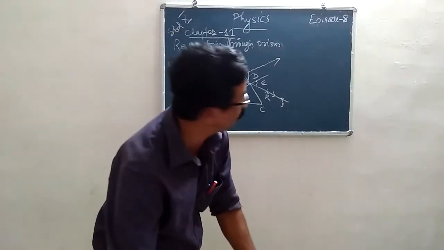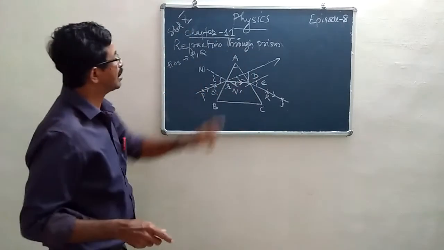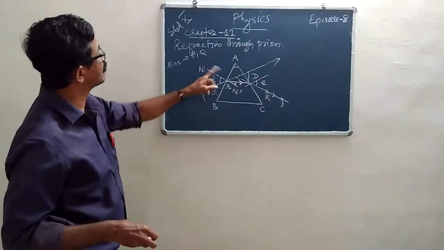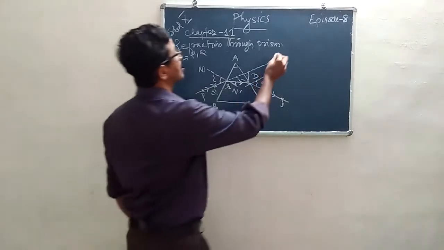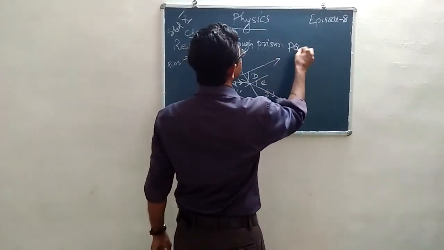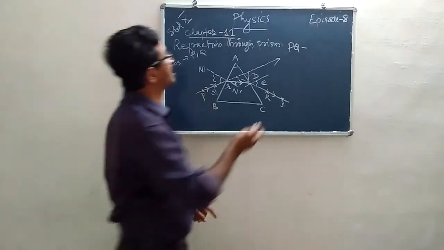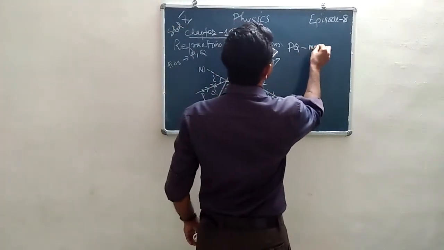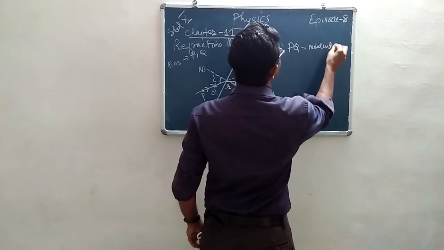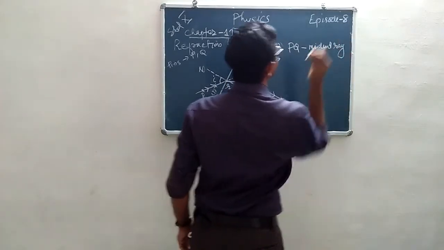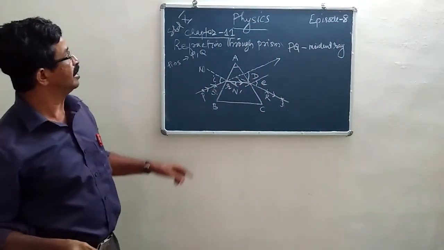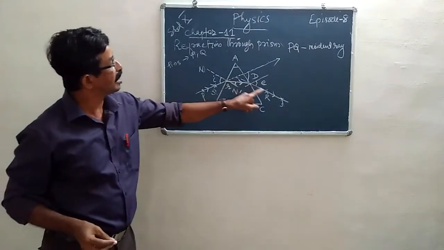Now, after joining this, what are the things you want to remember from this? What is PQ here? This PQ is the incident ray. And what is this RS?